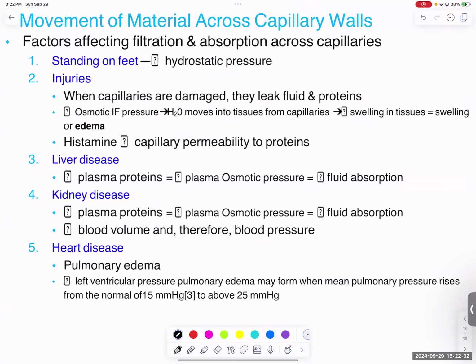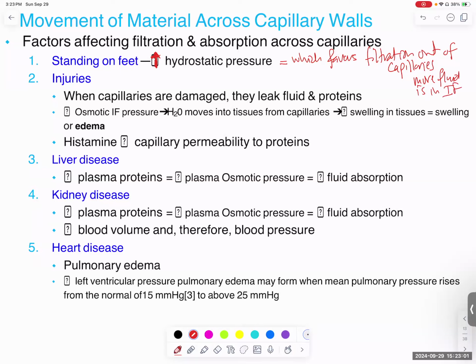Factors that can disrupt this filtration and absorption across the capillary wall. Well, when you're standing on your feet all day or for long periods of time, it's going to increase hydrostatic pressure, which favors filtration out of capillaries. And so more fluid is in interstitial fluid. So it's going to make that area swell, right?